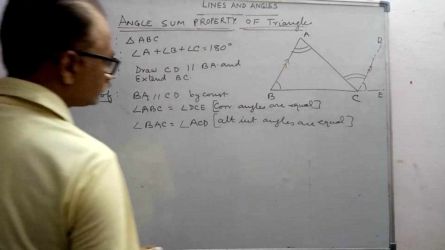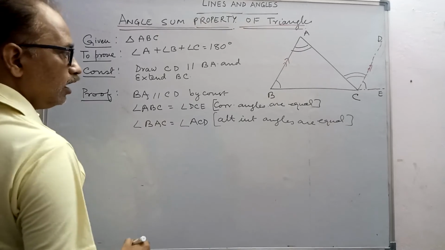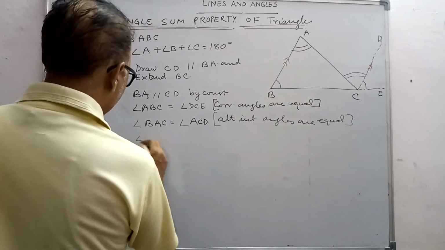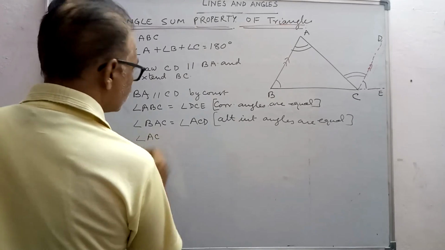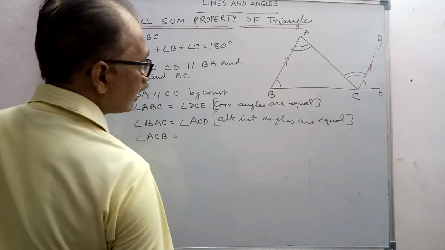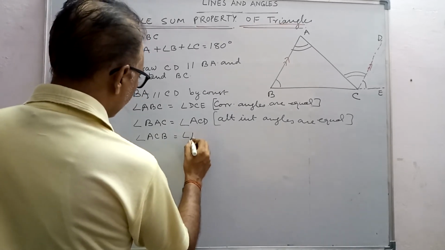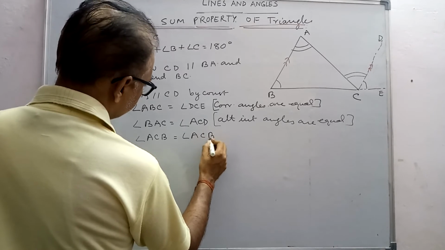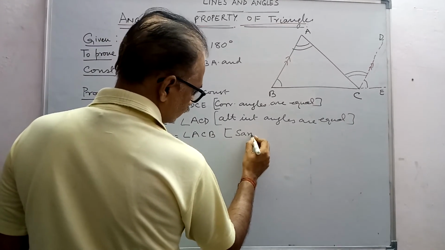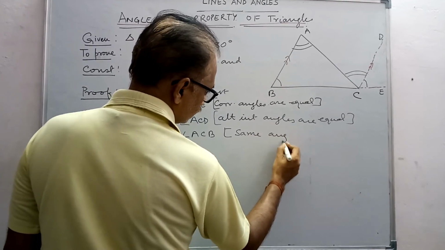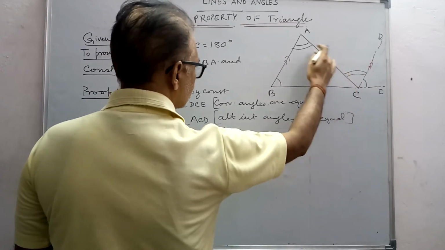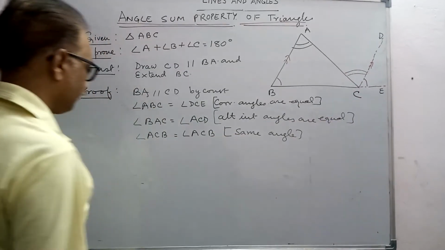Now, the third thing you see, angle ACB is equal to angle ACB, same angle. This is the same angle, common angle to this triangle and also on this line.